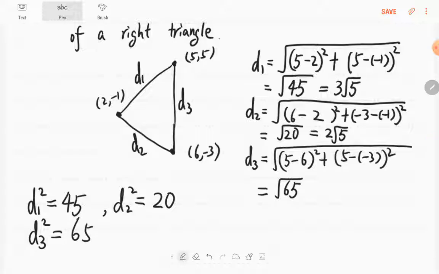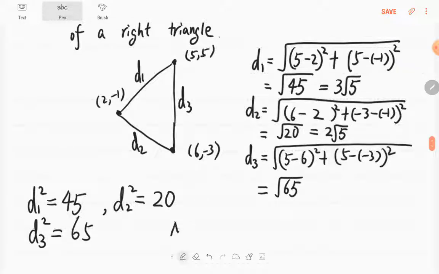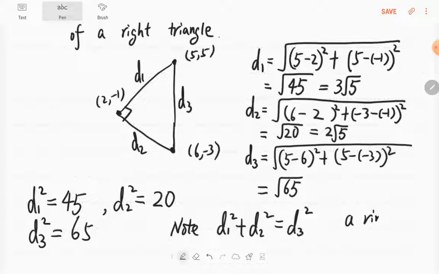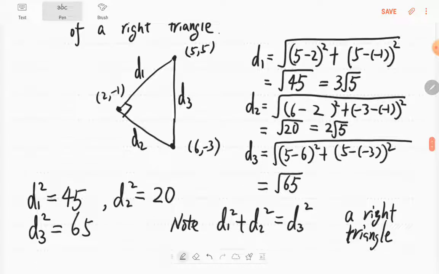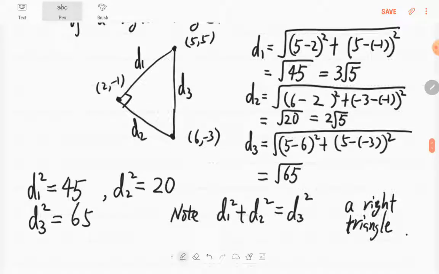So we note that D1 square plus D2 square equals D3 square. That is the Pythagorean theorem. So this one is a right triangle. So this is just the application of the distance formula.